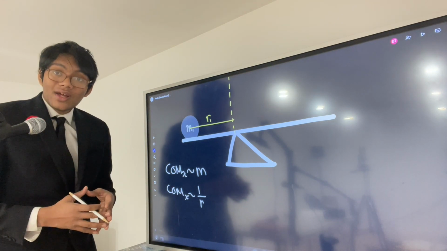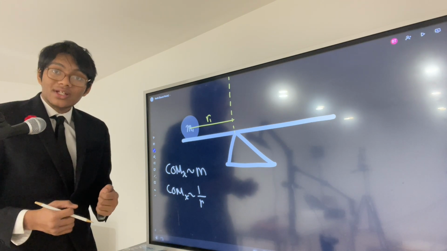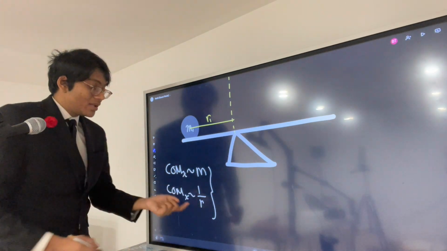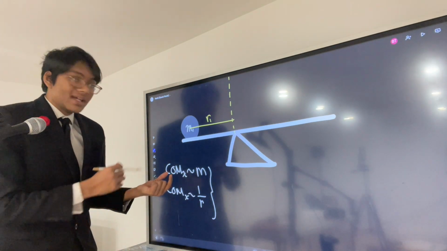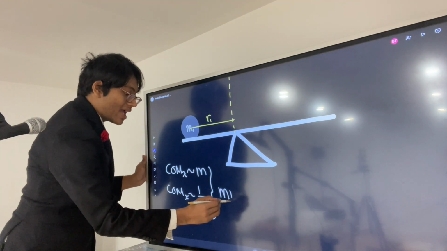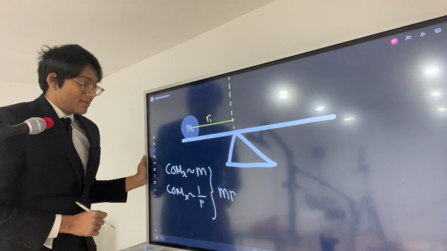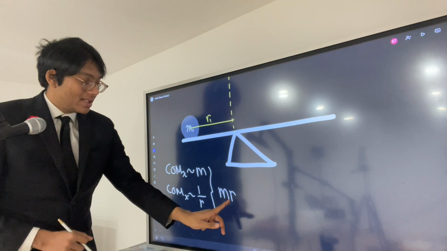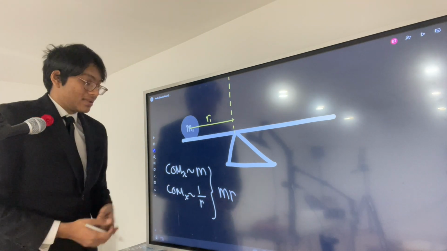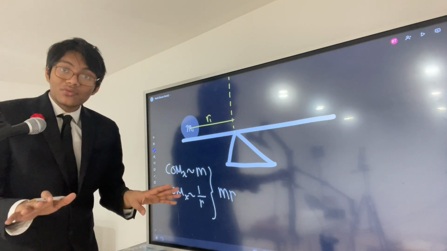Just like F equals ma, where inertia reduces them, a greater mass reduces your acceleration, you multiply m and a. In much the same way, a greater radius reduces your center of mass deviation. And so you're gonna multiply these two quantities, so you have mr, not m over r, mr, okay? Because you can imagine as the radius goes up, the center of mass would deviate less. But if I actually divide it by r, then it would deviate more, and I don't want that.